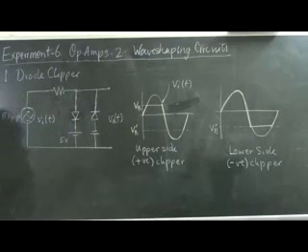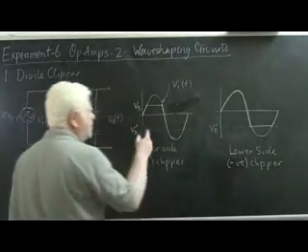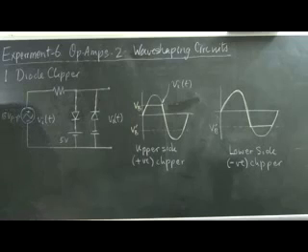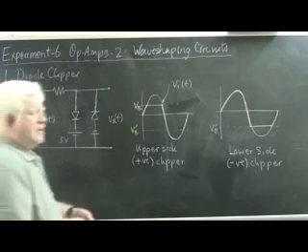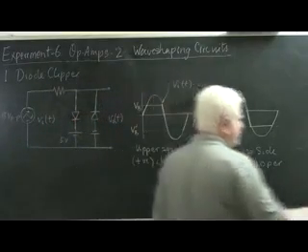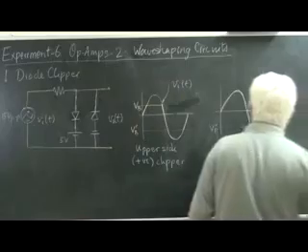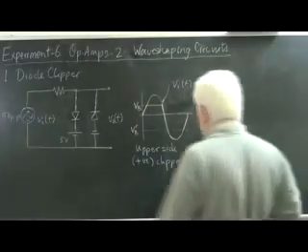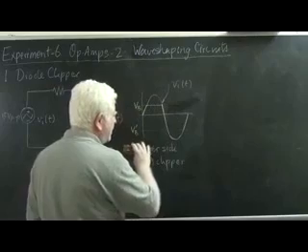All that happens now is that voltages higher than VB and voltages lower than VB dash are clipped to VB and VB dash respectively. All other voltages are replicated at the output. So let's draw that waveform over here and call it a two-sided clipper.